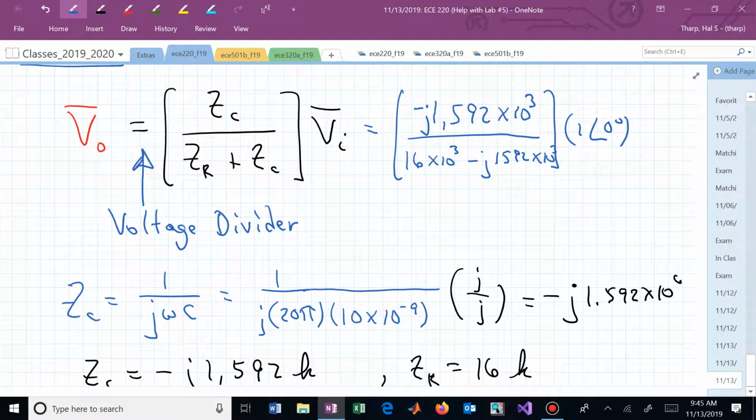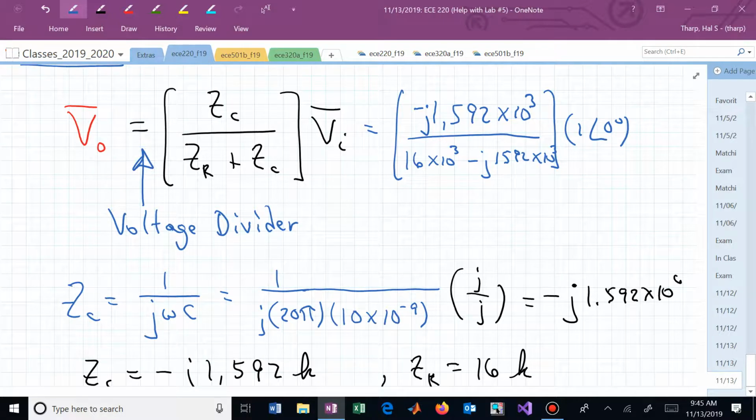You're basically taking a complex number and dividing by that same complex number. What would you expect to get? 1. So this ratio is basically saying I'm not going to be changing my output voltage across that capacitor much in the sinusoidal steady state at 10 hertz.